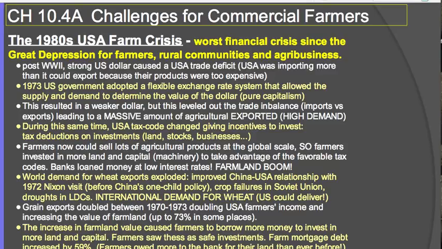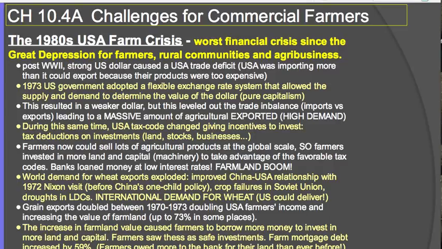There were crop failures in the Soviet Union, which usually grew wheat for themselves. And then you've got this growing population in developing nations, really starting in the 1950s with the medical revolution we've talked about. So there's this huge demand for wheat, and the USDA was ready to deliver on that.